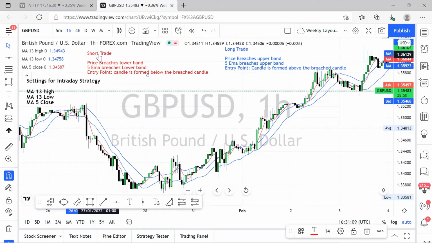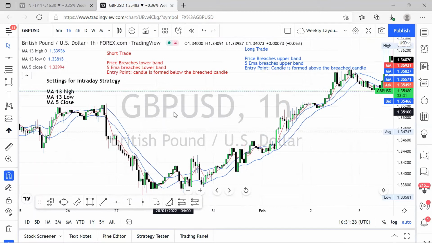So for a short trade, what you need to see is, first of all, the candle breaching the lower band, then the moving average 5 breaching the lower band, and the entry has to be when the candle is formed below the breached candle.